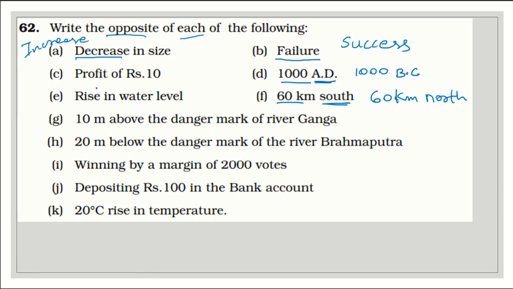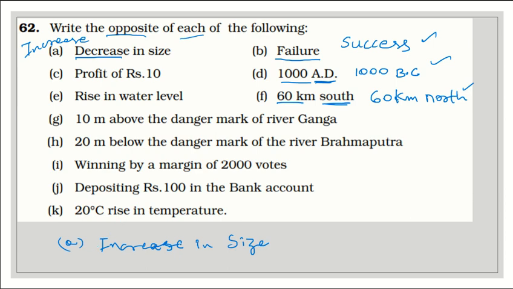You need to write it separately as a sentence. Since those are very simple, we have already written them, but when it comes to A, we need to write increase in size, which will be the right sentence.